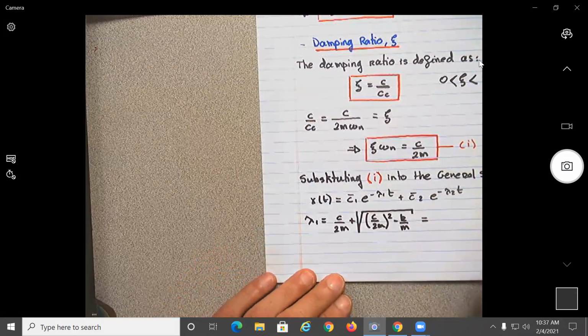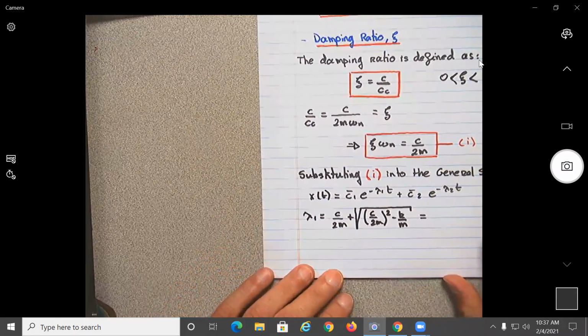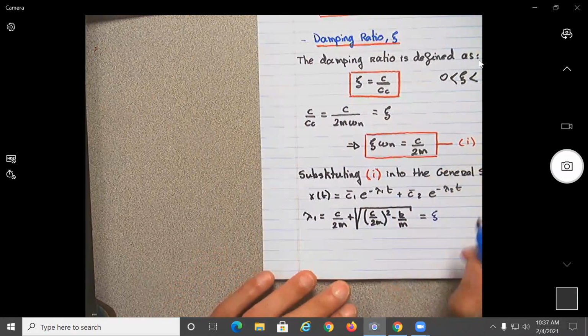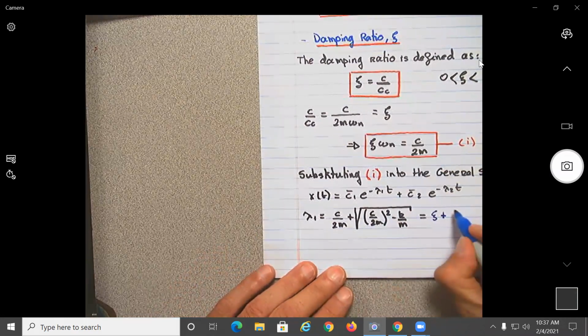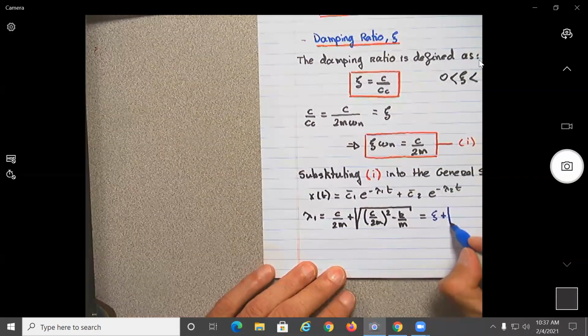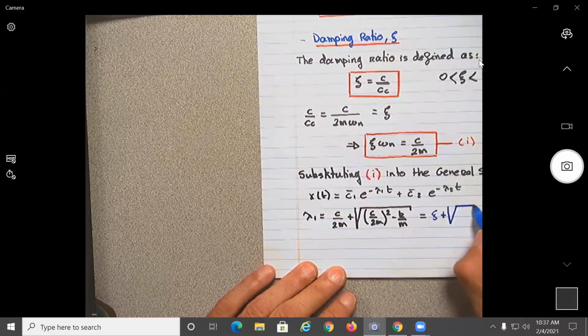So this can be rewritten under which form? So this could be written as C over 2m plus the square root of C squared.